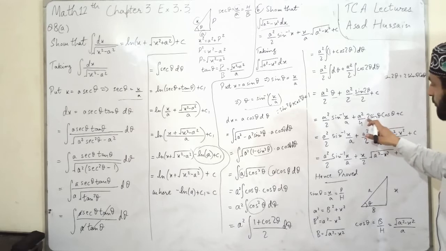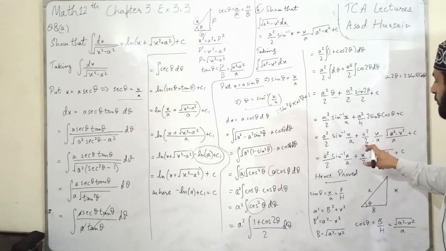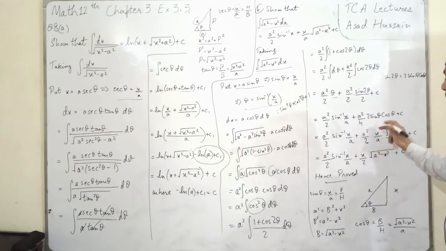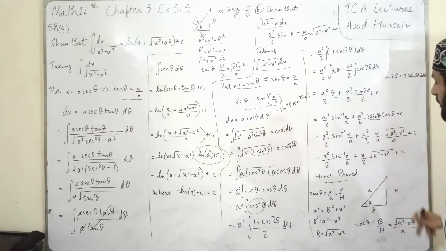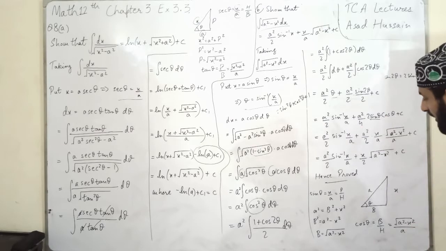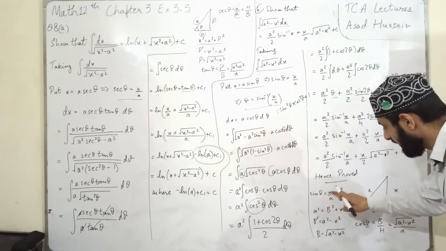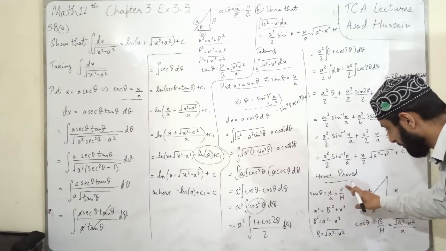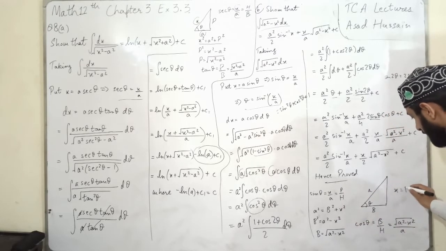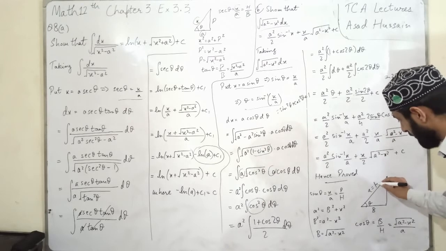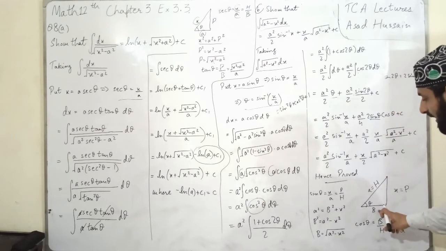This 2 will be cancelled by this 4, leaving 2 like this. Now we know that sin theta is equal to x over a. For cos, we are constructing a triangle again. As sin theta is equal to x over a, which is equal to perpendicular over hypotenuse, putting the value of perpendicular equal to x and hypotenuse equal to a. We don't know the value of base.